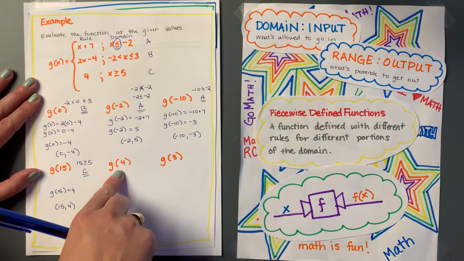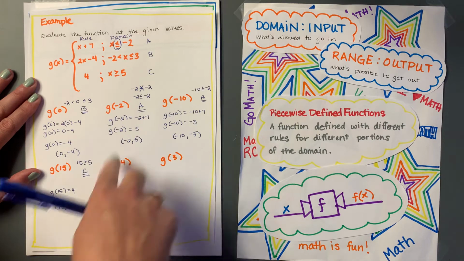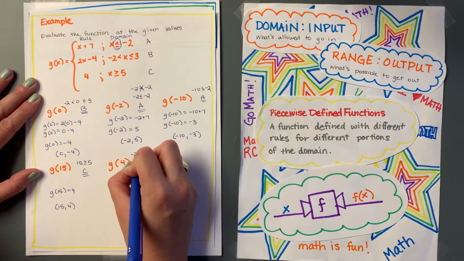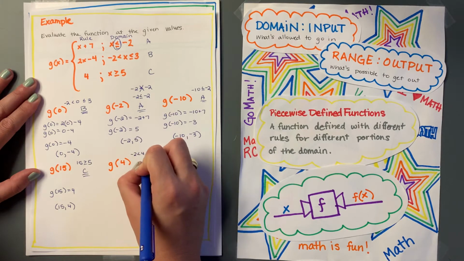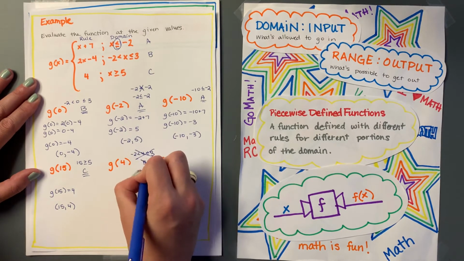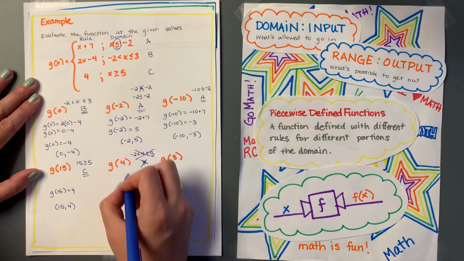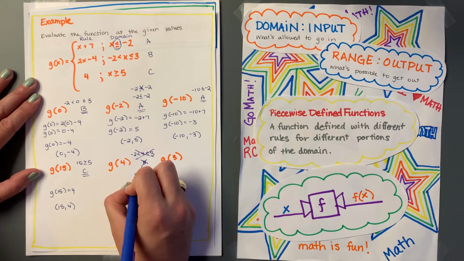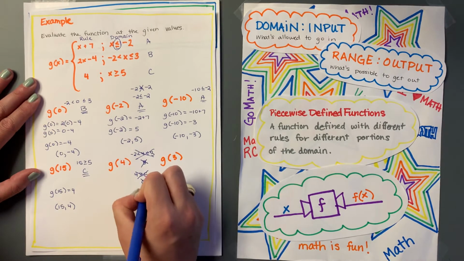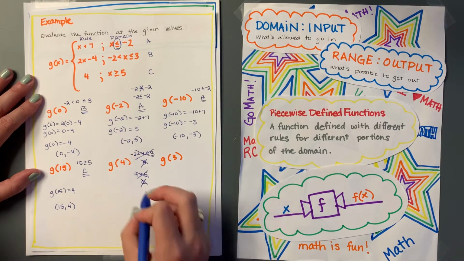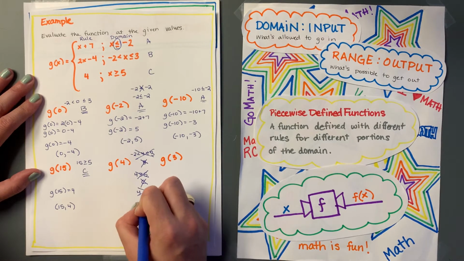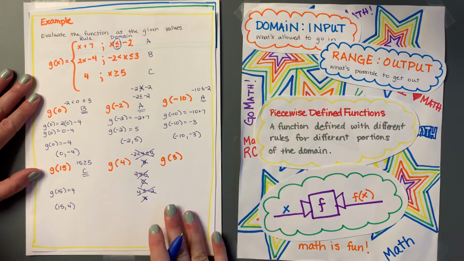Looking at g of 4, -2 is less than 4 is less than or equal to 3 is not true. So that means it's not rule B. And 4 is greater than or equal to 5 is not true, so C is not true. 4 is less than or equal to -2 is also not true, which means A is not true.